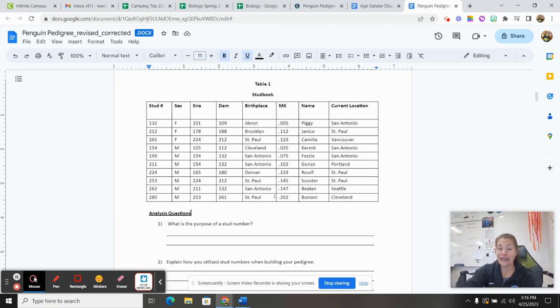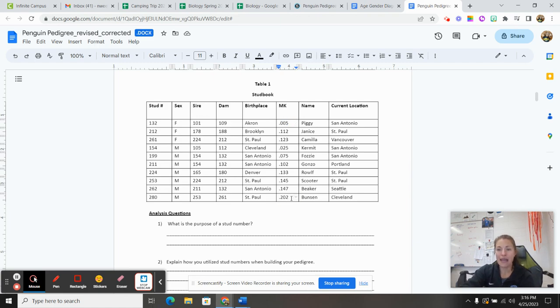After you complete this part, you will be doing another worksheet looking at this MK number. MK means mean kinship. This MK number, when it is really, really low, so 0.005, that means that that penguin is not very closely related to the rest of the penguins.